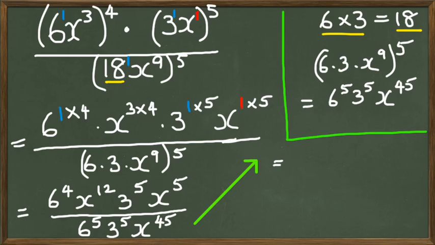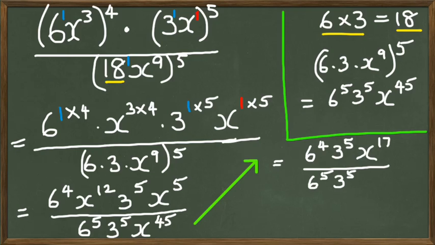So what you've noticed now is that I can rewrite this as 6 to the power of 4, 3 to the power of 5, and x to the power of 17, and that's divided by 6 to the power of 5, 3 to the power of 5, and x to the power of 45. Now, from previously, we know that 3 to the power of 5 and 3 to the power of 5 cancel out each other to give you 1.